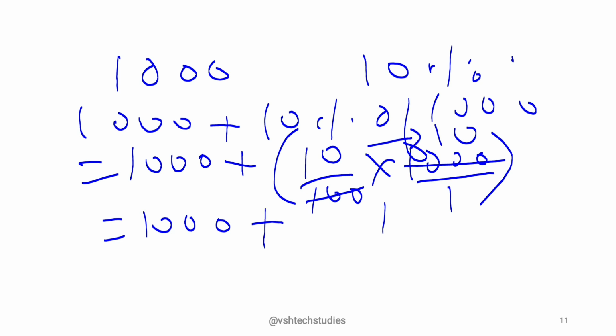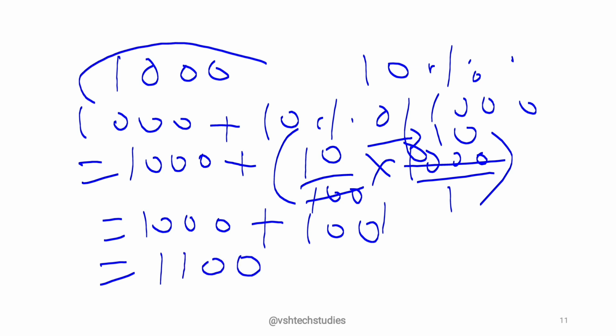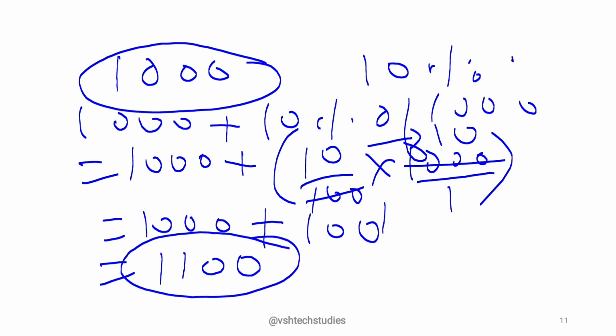This 10 into 10 is 100. So the final value is 1000 plus 100, that is 1100. So this was the earlier value, and after a 10% increment it has become 1100.